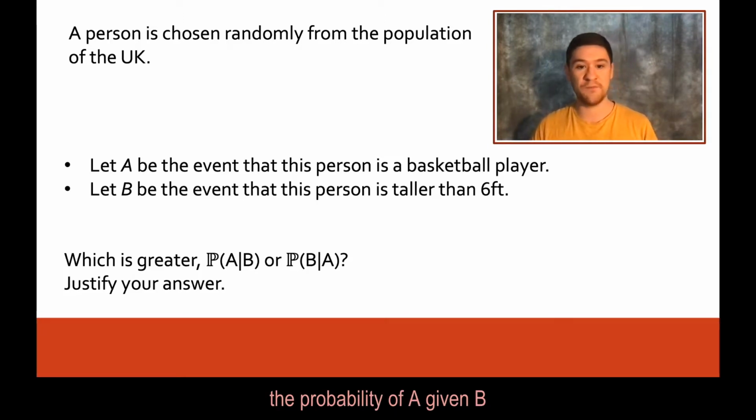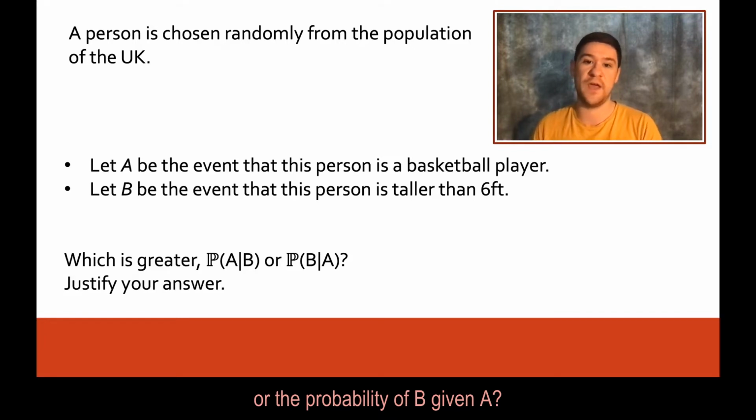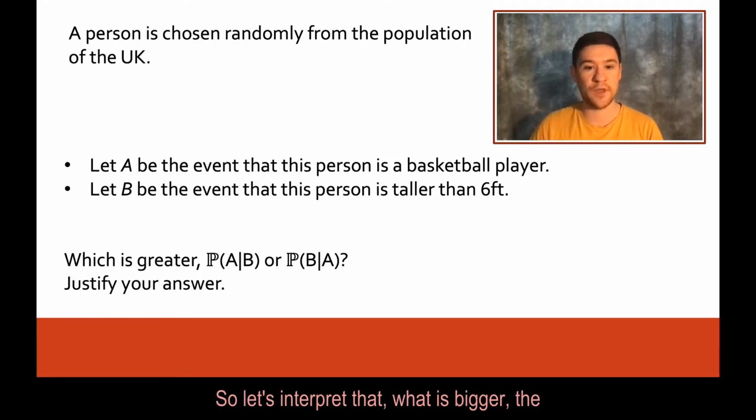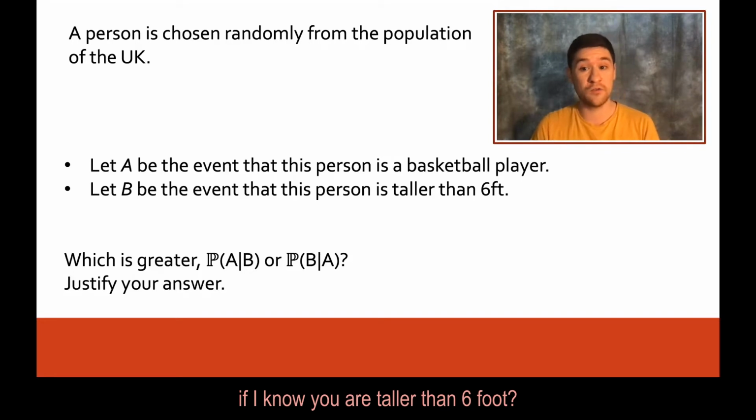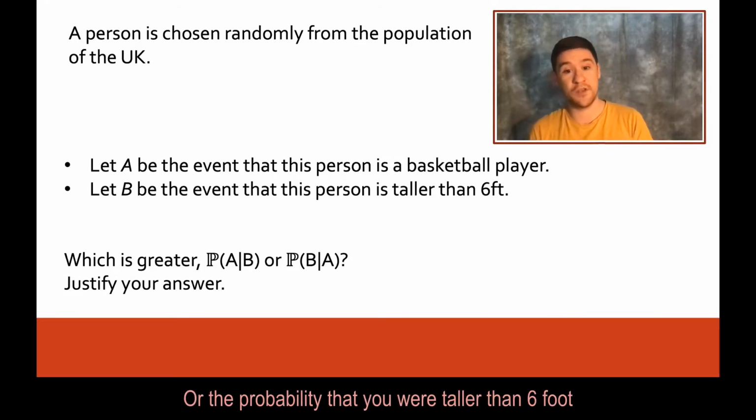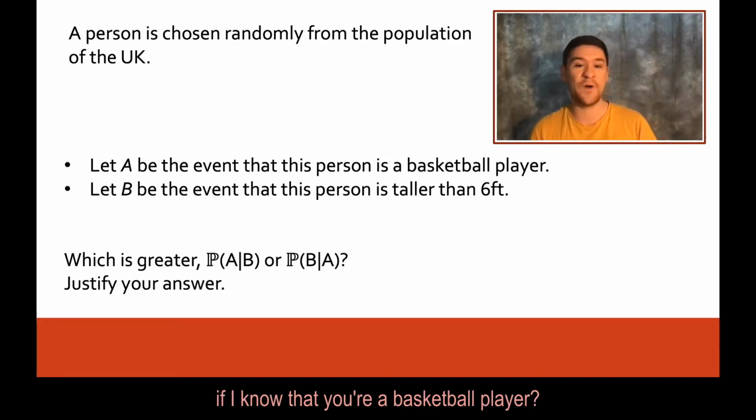The probability of A given B or the probability of B given A? So let's interpret that. What is bigger? The probability that you are a basketball player if I know you are taller than 6 foot, or the probability that you are taller than 6 foot if I know that you're a basketball player?